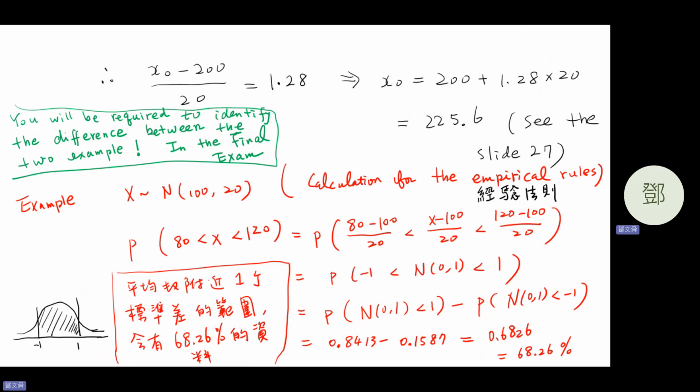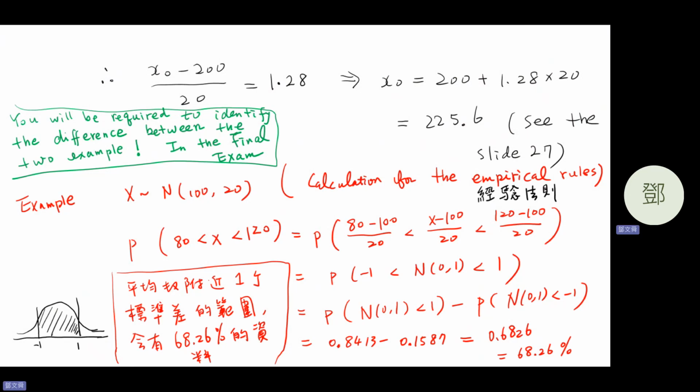So suppose that X has a normal distribution with mu 100 and sigma 20. So what is the probability that X lies between 80 and 120?